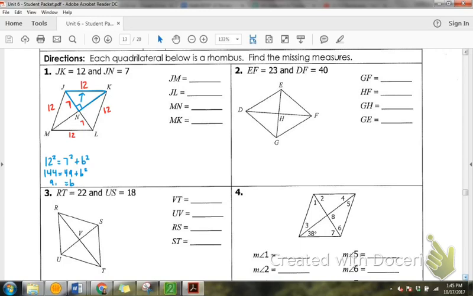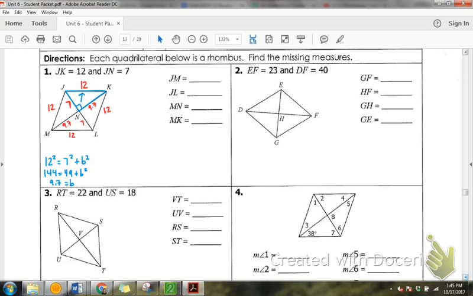I'm getting 9.7. Is that what you guys are getting? So this right here, NK is 9.7, which means so is MN is 9.7. Okay, and now we can go through and label what they've asked us.